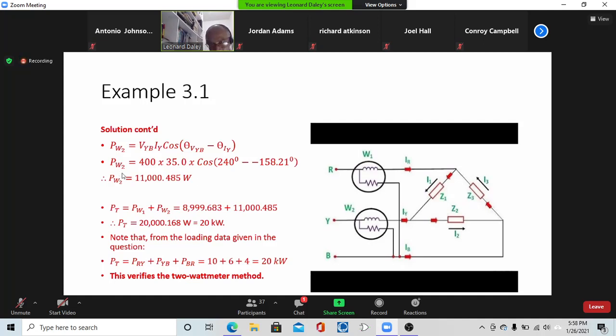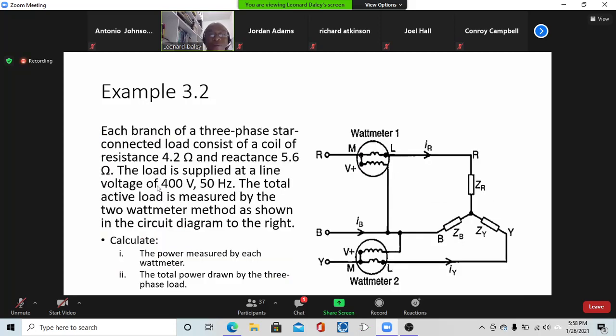So we can say that the 2 wattmeter method was able to determine the total power in a 3-phase unbalanced delta circuit.